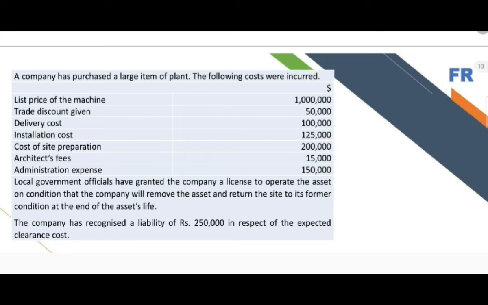So now the company has an obligation to incur that cost, and if it has an obligation to incur that future cost, then the present value of such cost should be recorded or capitalized, and the amount is given. The company has recognized a liability of 2,50,000.